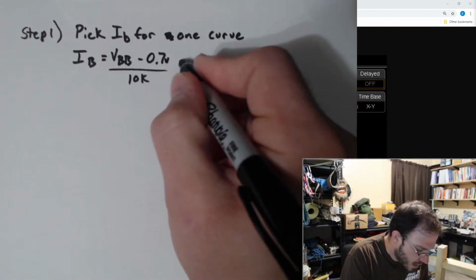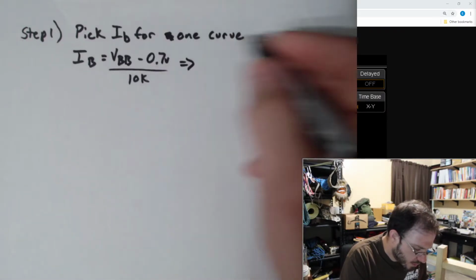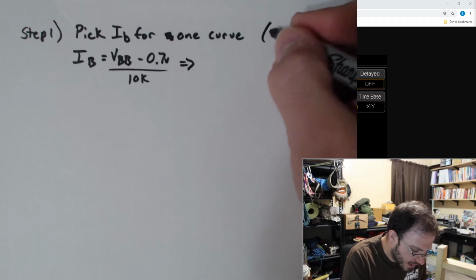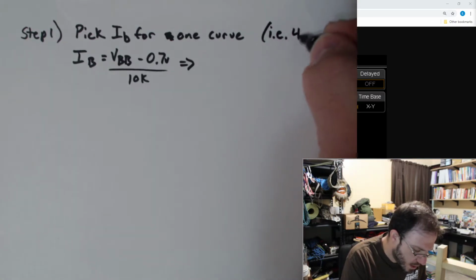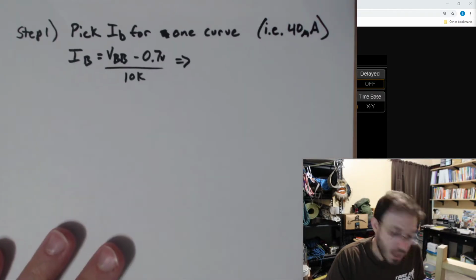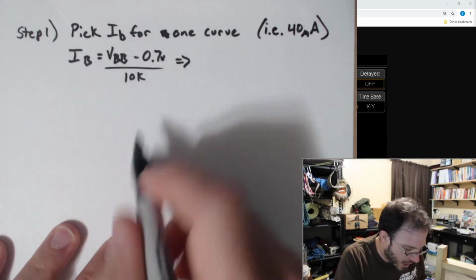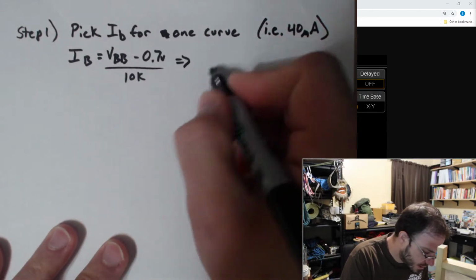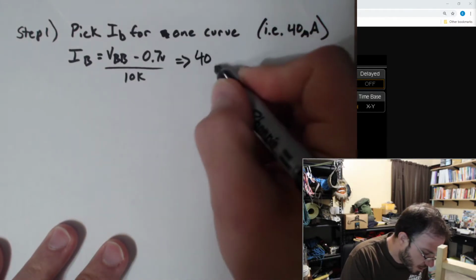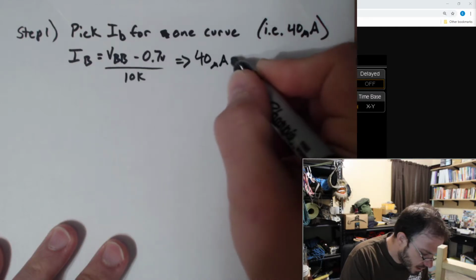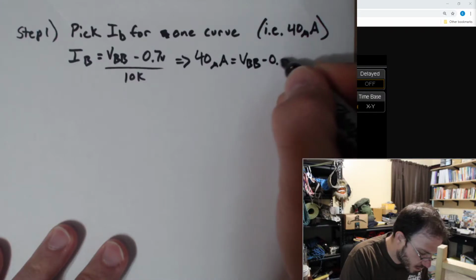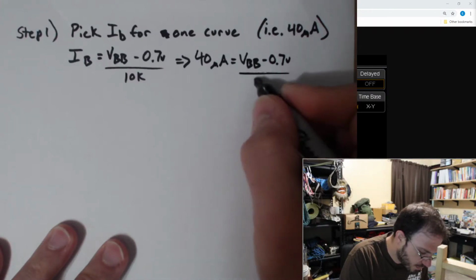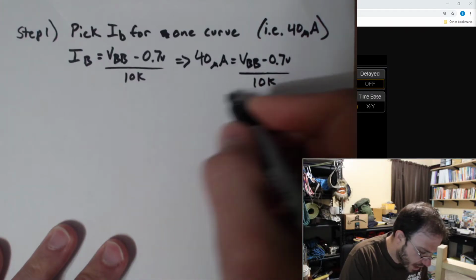If we wanted, for one curve, let's say, for example, 40 microamps, then we would set up the equation such that 40 microamps is equal to VBB minus 0.7 volts divided by 10K.